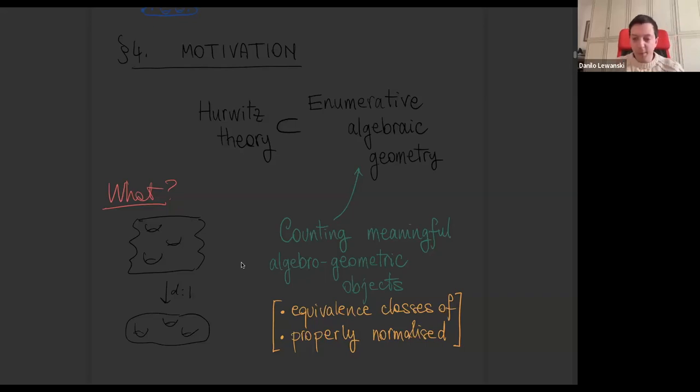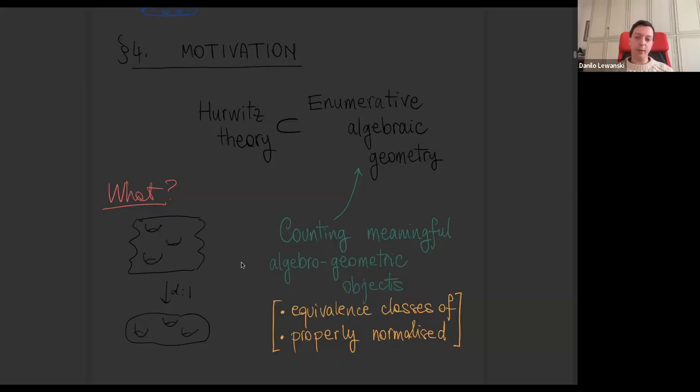That's something people just learn to do whenever you define a new enumerative problem, and the Hurwitz numbers don't make an exception. The more symmetric these objects are, the more you divide. Then you sum all of them up, meaning the total sum of these fractions, because each of them will be either an integer or a fraction, and you will get a rational number.